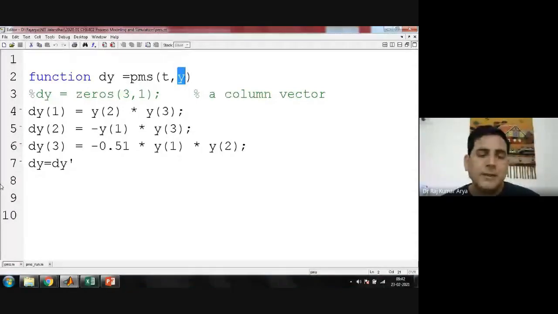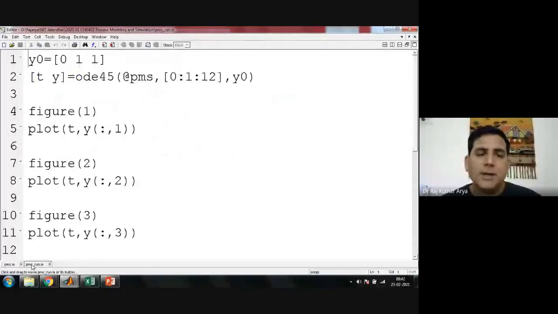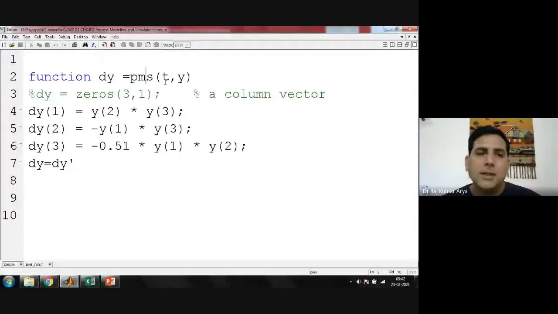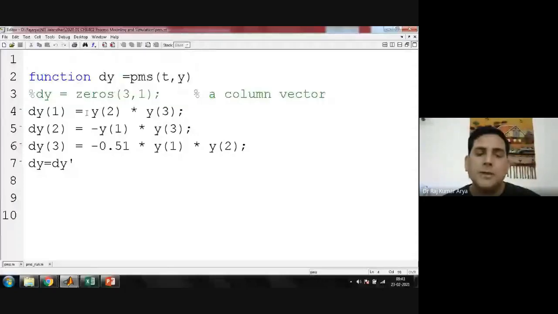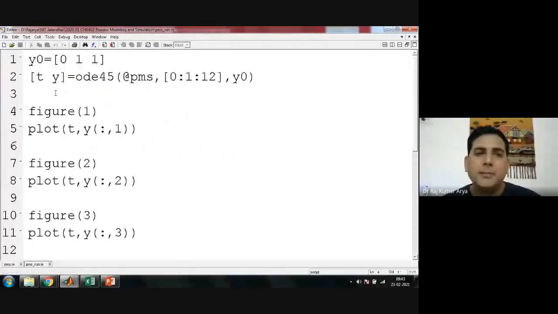After that, you will have a run file. So what does your program need first? If this is not there, what does it need to calculate dy1? It needs y2, y3. From where will it come? That's what you are defining in the beginning here.